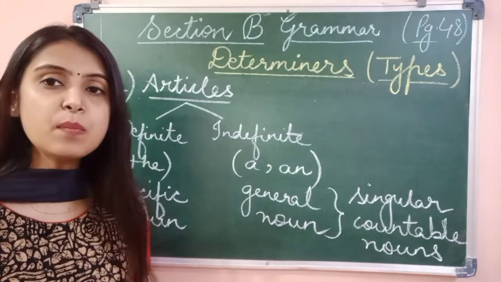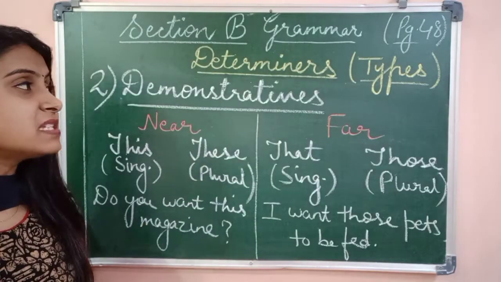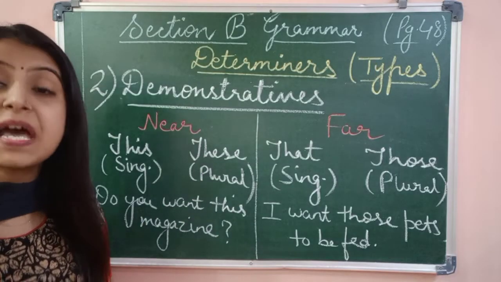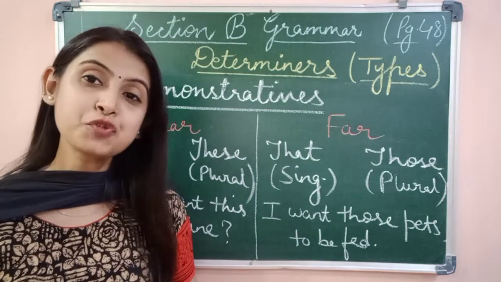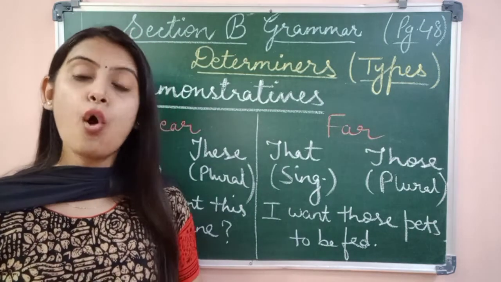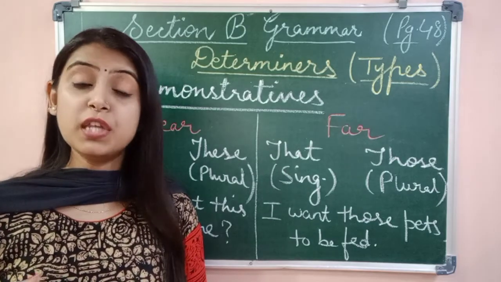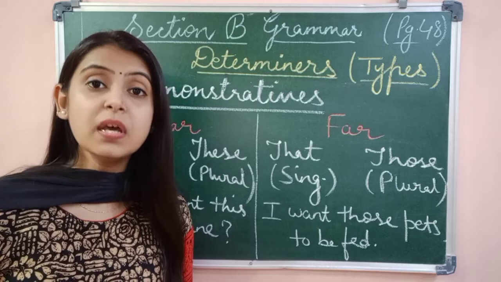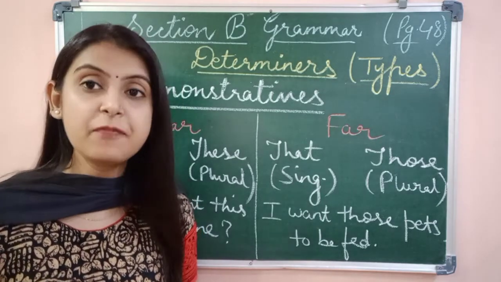Now we move on to the second determiner. The second determiner is demonstratives. Demonstratives are the determiners that are used before nouns to point them out, or you can say they are also used to specify the nouns. They make the noun more specific even than the definite article.